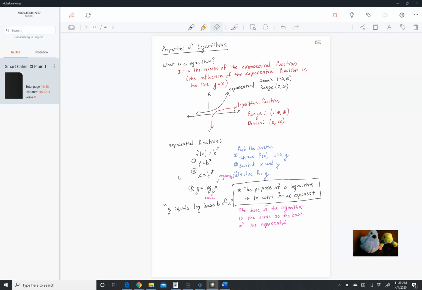So let's say, for example, that we have y equals log base 2 of 3. So this is logarithmic. Now we're going to put this in exponential form. So the same exact thing, we're just converting it to an exponential expression.